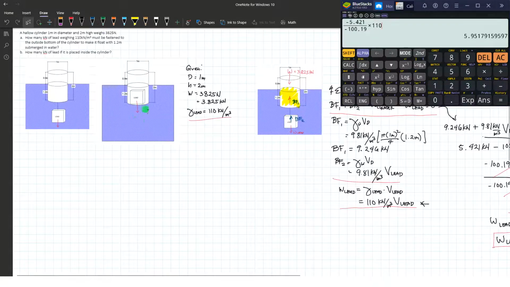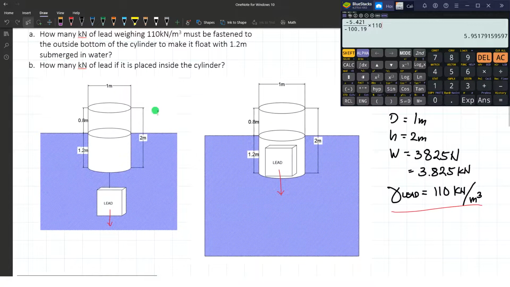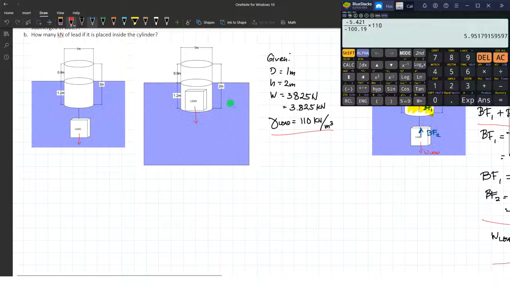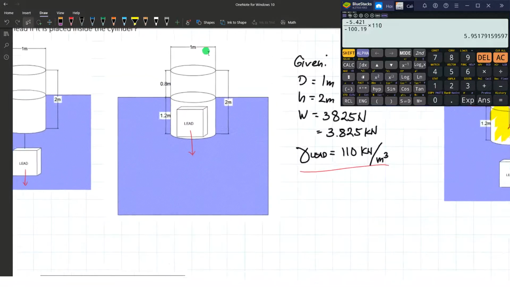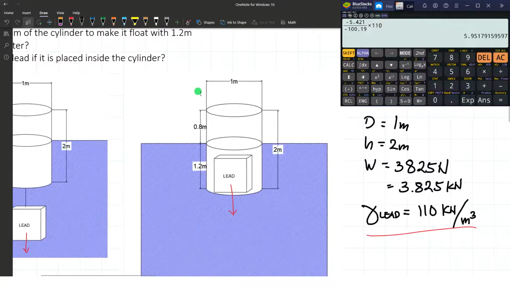How about if we put the lead inside the cylinder? Okay, for letter B. So here, for letter B, as you can see here, the lead is inside the cylinder.